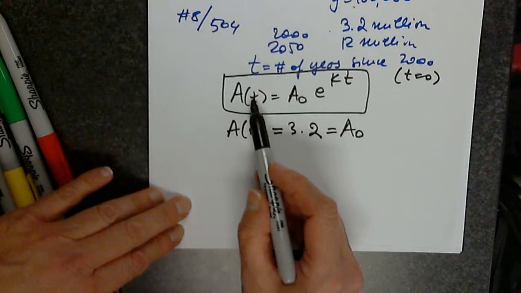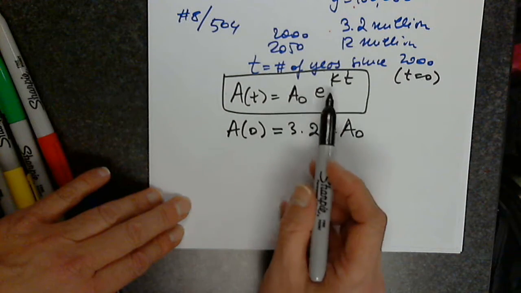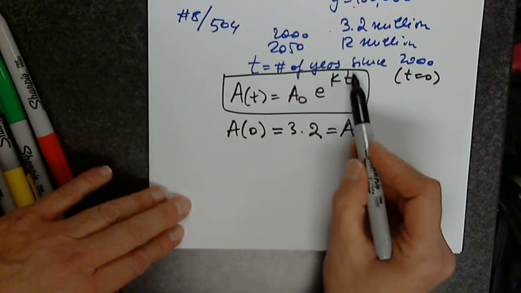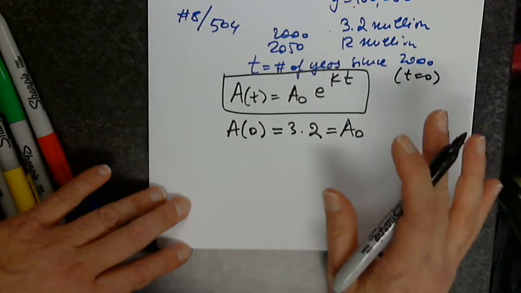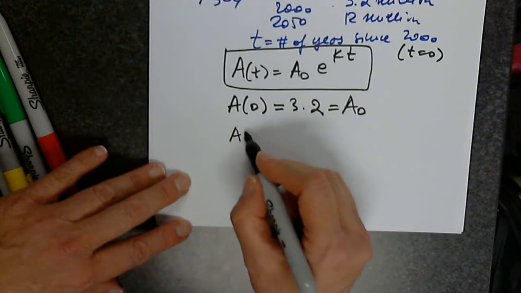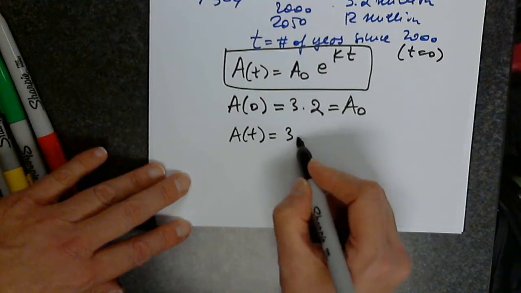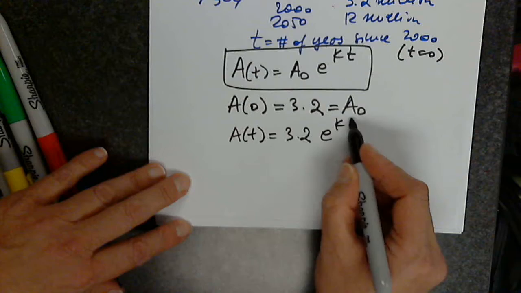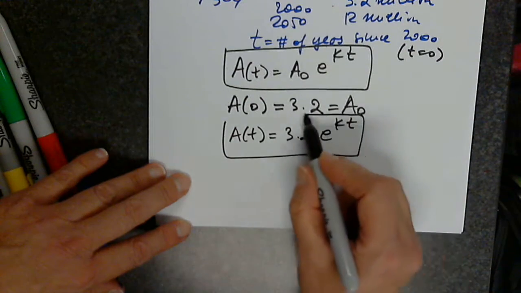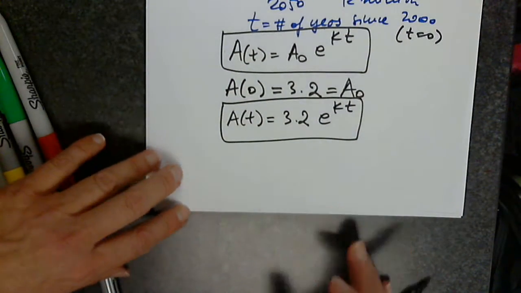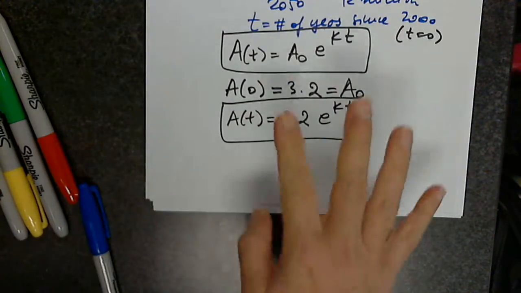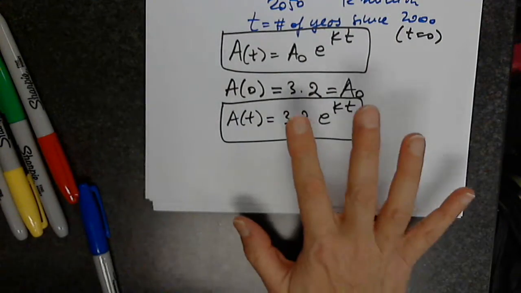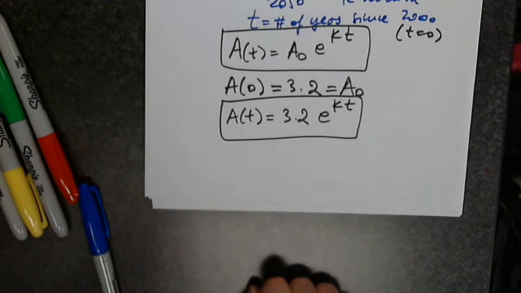When I plug in 0 in the function, e to the 0 is 1. So I have one piece of the puzzle. Now I know that A of t equals 3.2 e to the kt. I found the initial number of people, 3.2 million.